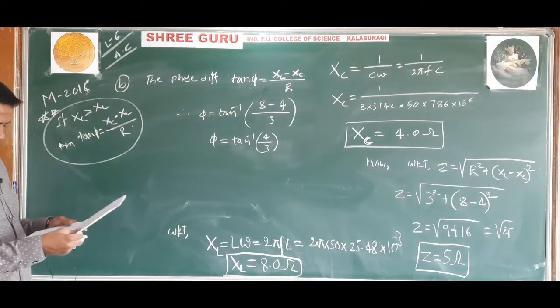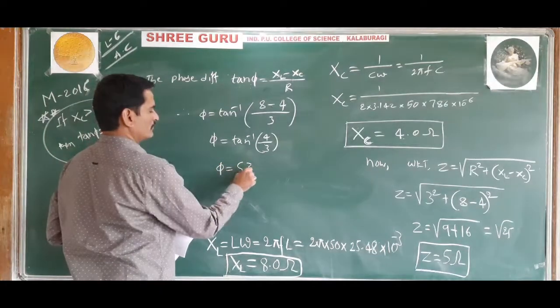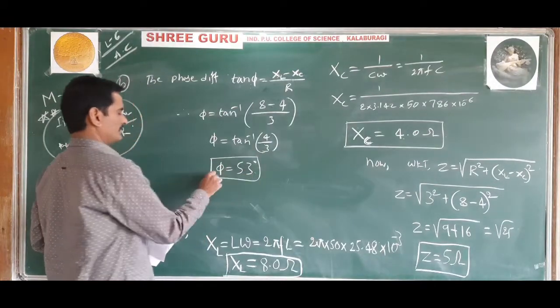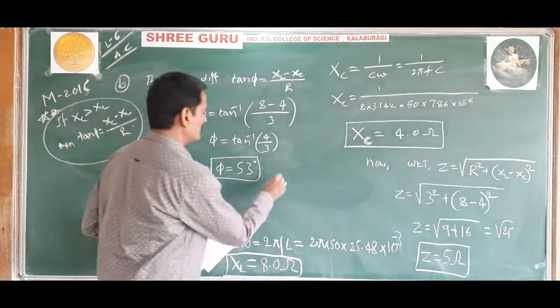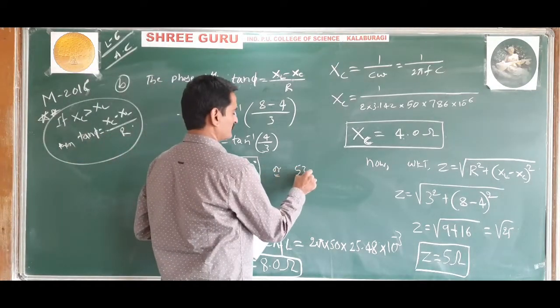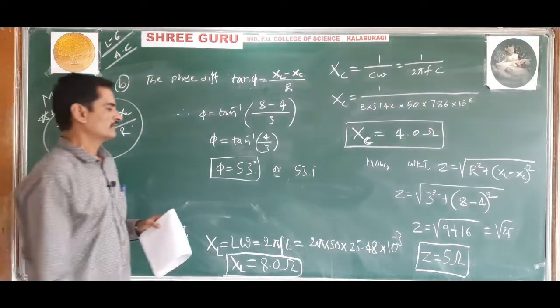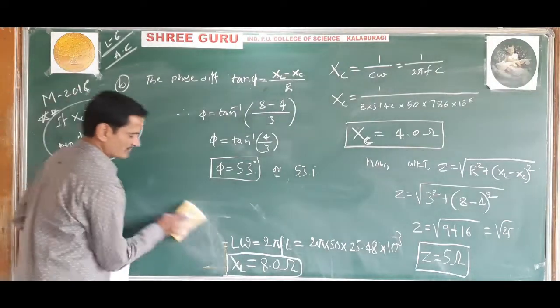It is 53. So phi is equal to 53 degree. So you can write 53 degree directly, or 53.1 degree. This is the exact answer. In the book they have given 53.1 degree or 53 degree. No problem. Check the calculation.